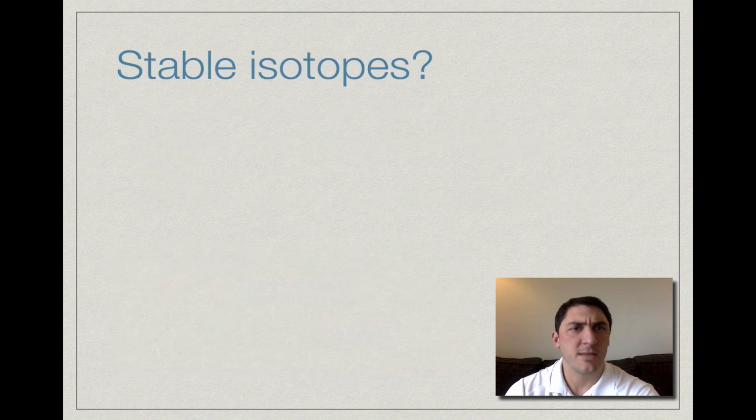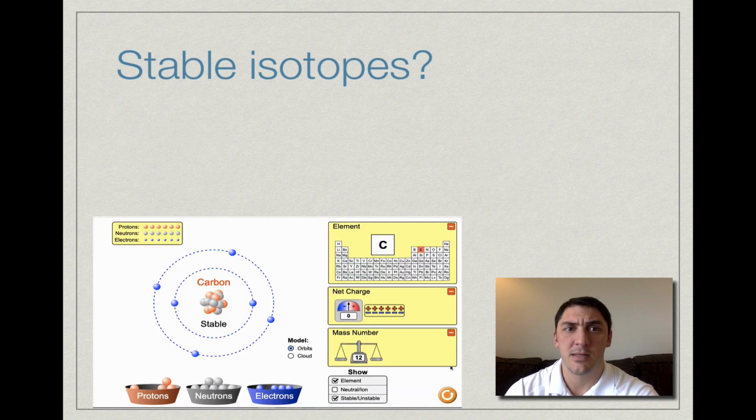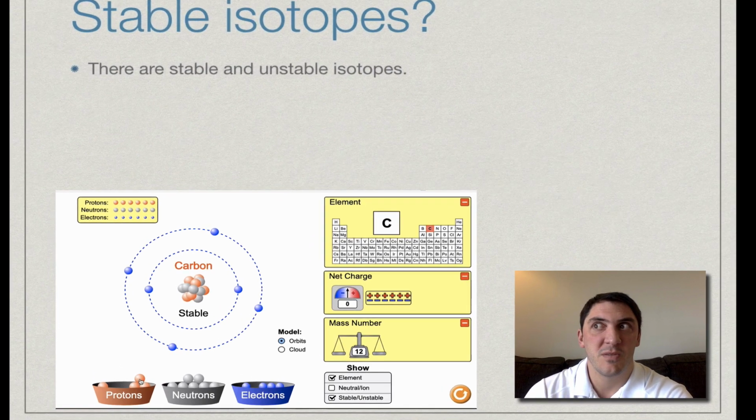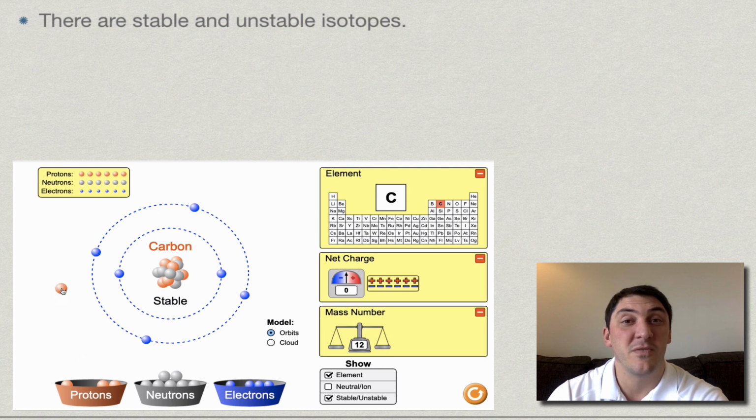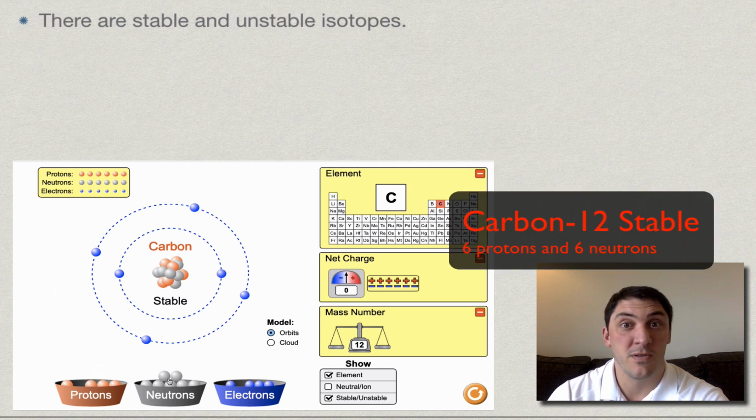What do I mean by stable isotopes? Are all isotopes stable or are all isotopes unstable? Well, here's the trick. There's both stable and unstable isotopes. Isotopes just means it's a different form with a different number of neutrons. Some of those different forms can be unstable.